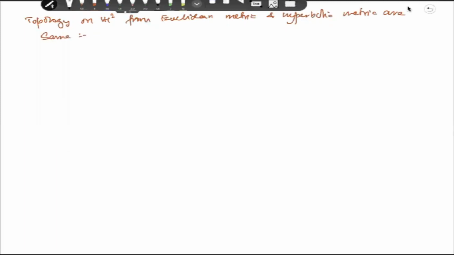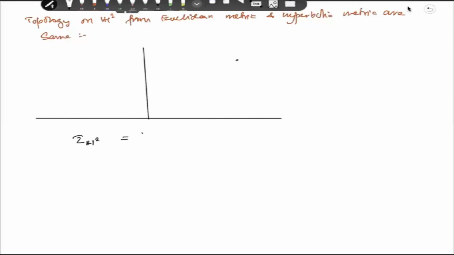So you take this upper half plane, and you take any point. Now you have two topologies.